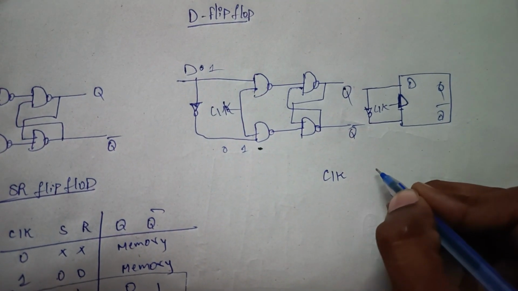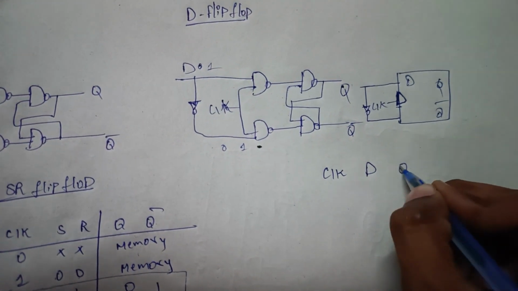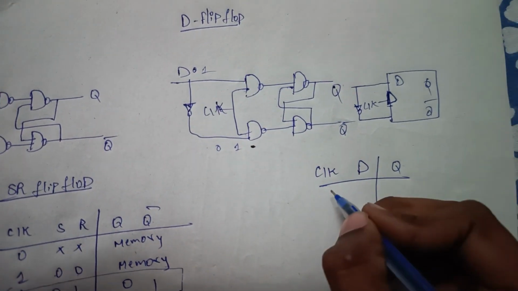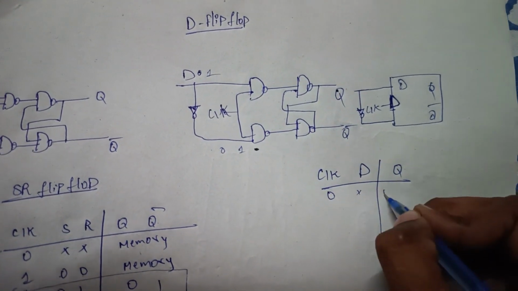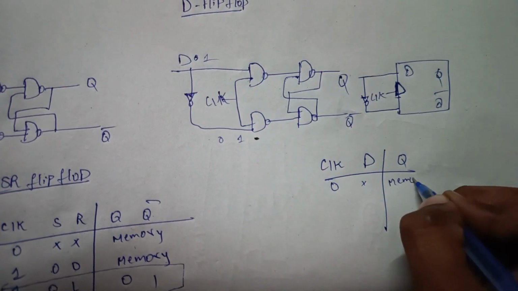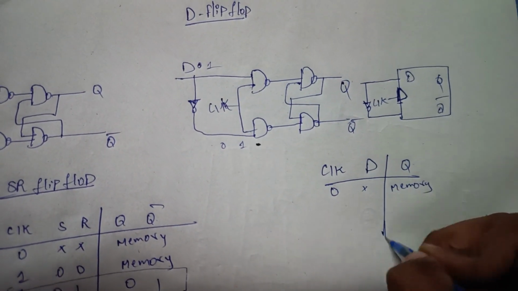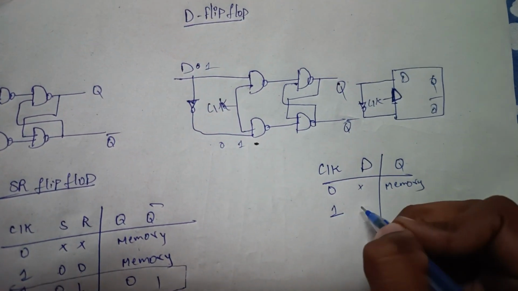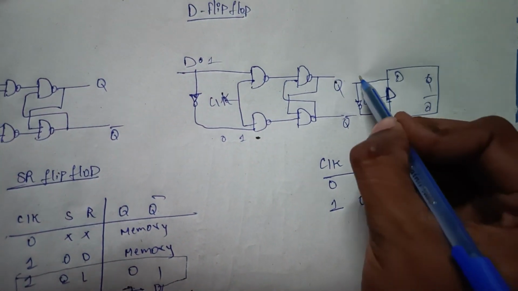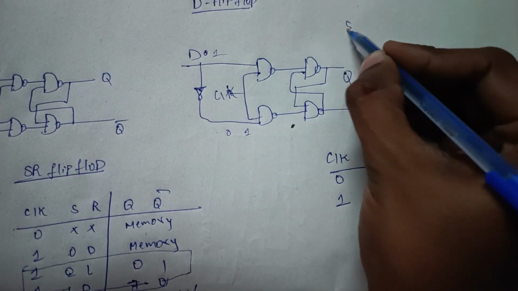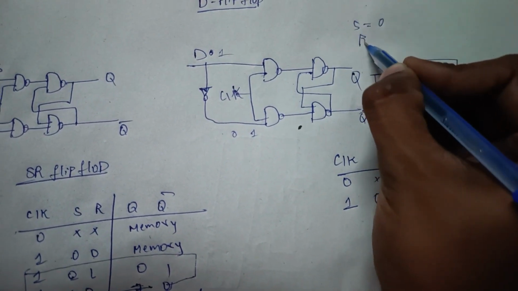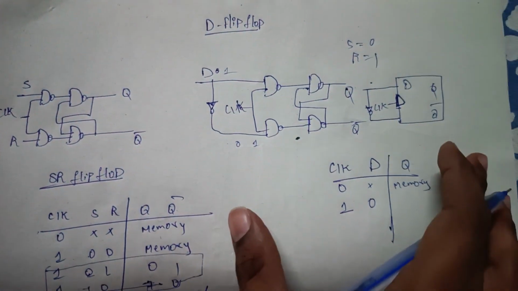Here I will write D, clock and Q. If the clock is 0, irrespective of the other input, Q will act as a memory and store some value. If the clock is 1 and D is 0, then S will be 0 and R will be 1, according to our logic.